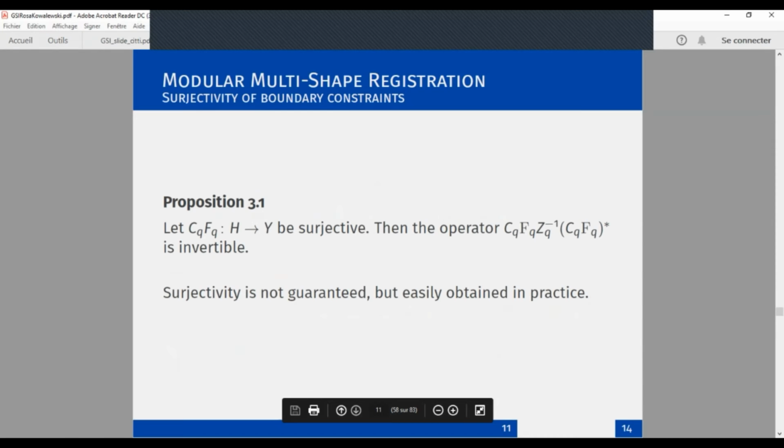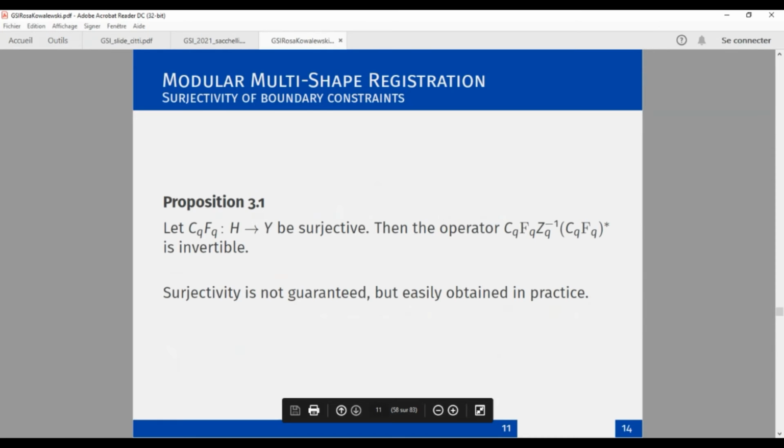An equivalent proposition was shown by Sylvain for the multi-shape registration problem for unstructured deformations. And he pointed out that surjectivity becomes almost straightforward in a discretized setting. However, this is not the case for the modular multi-shape registration problem. So the surjectivity is in general not guaranteed, but we can easily obtain it in practice by enriching the space of vector fields, as I will explain in the two following examples.